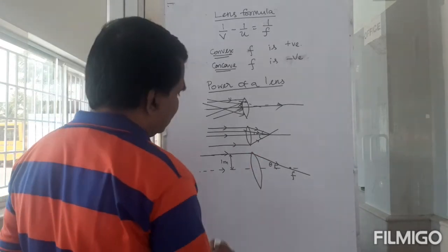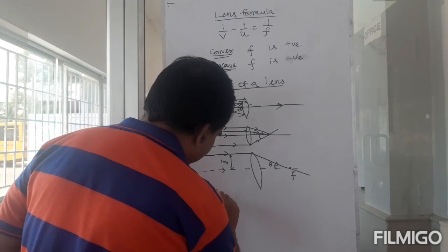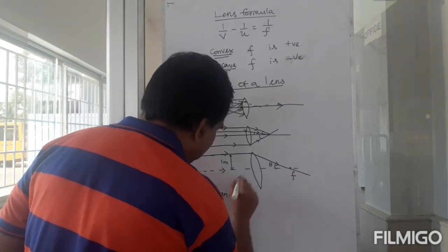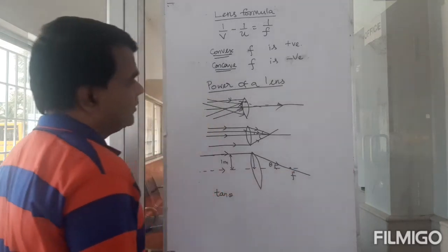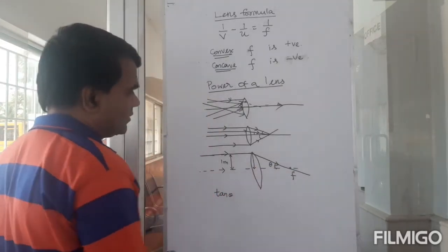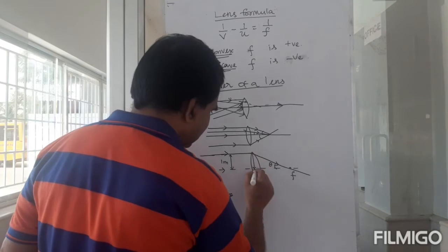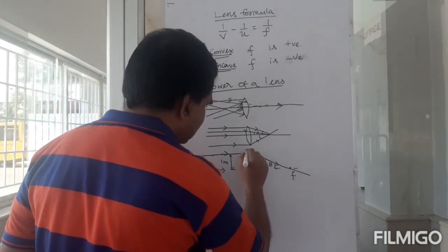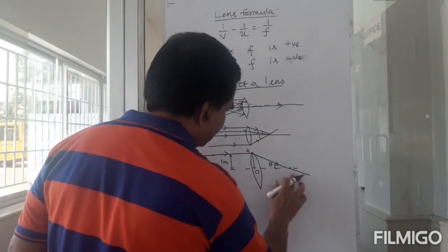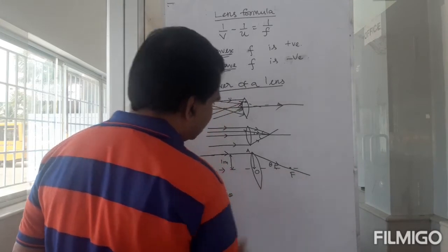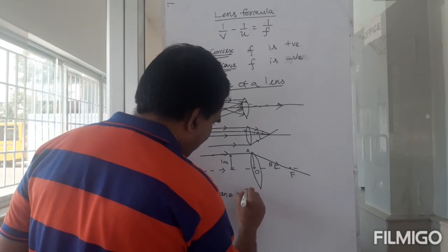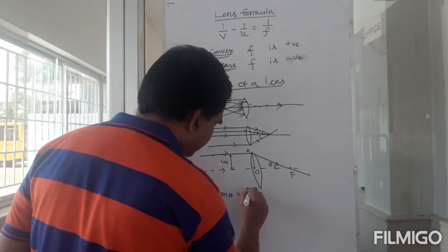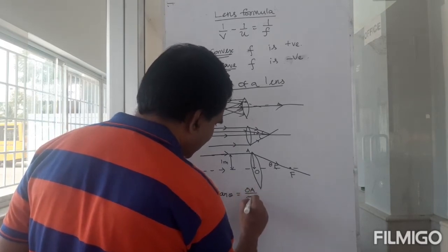So now, what is tan theta? Tan theta is equal to this height divided by that distance. I'll call this O, this A, and this F. Tan theta is equal to OA divided by OF.